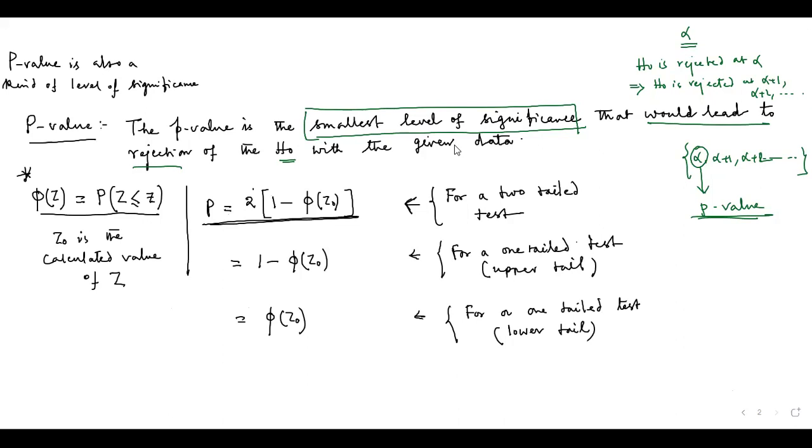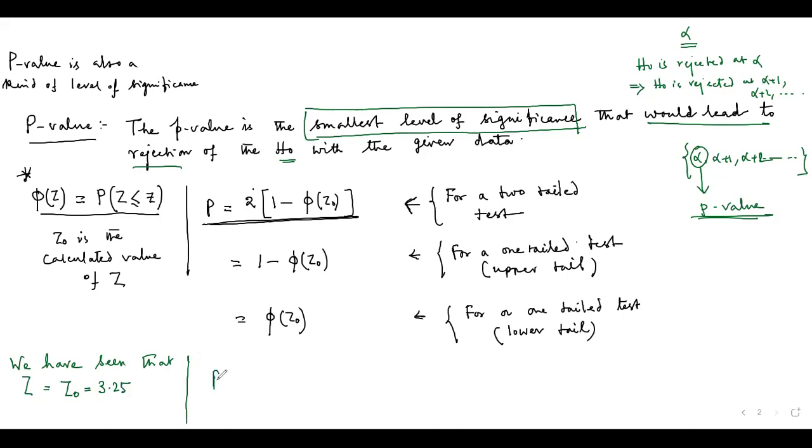Now, from the previous page, we have seen that z naught, which is the calculated value of z, has come out to be 3.25.